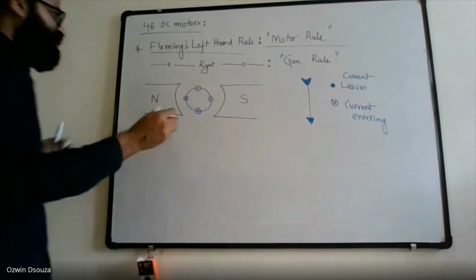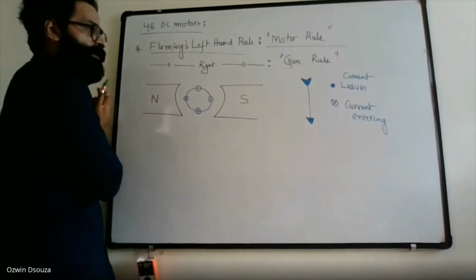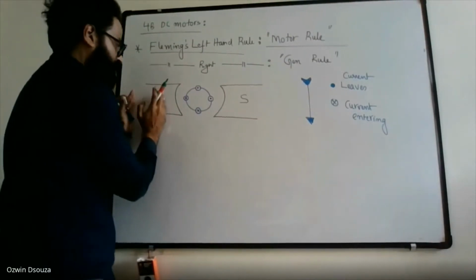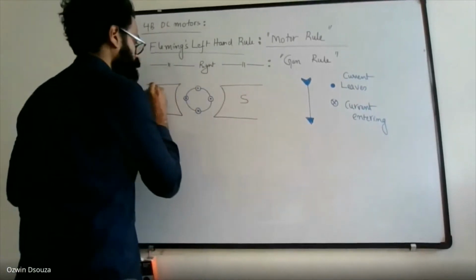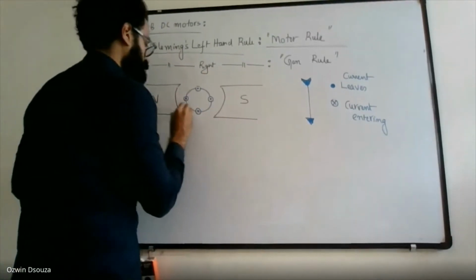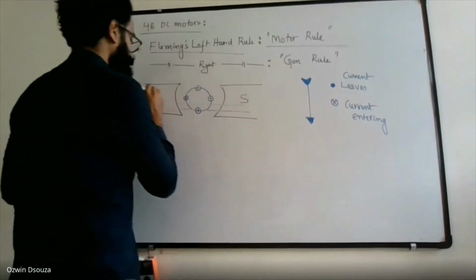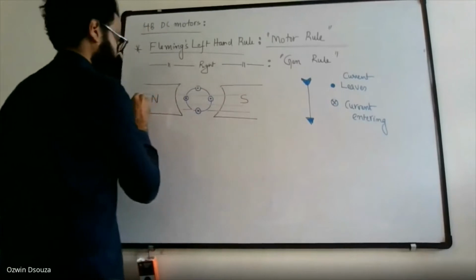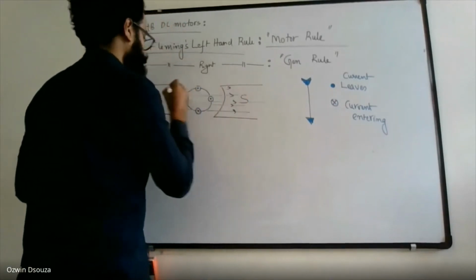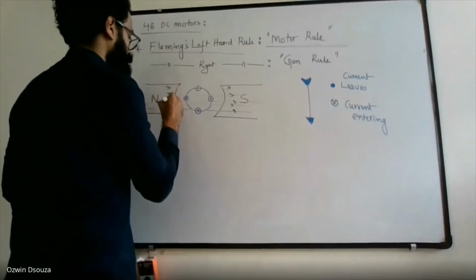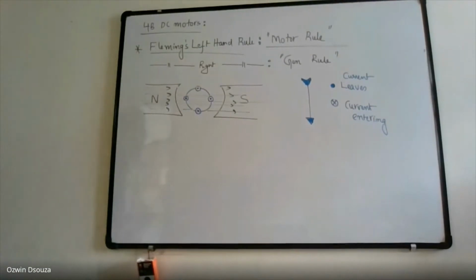Once you are done with this, you can draw the flux lines. Flux lines always originate from the North Pole and terminate at the South Pole. So from north to south, the flux line goes. That's all.